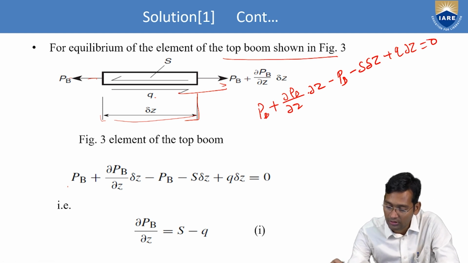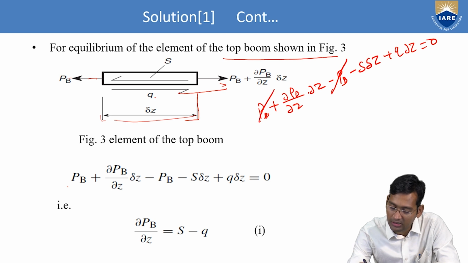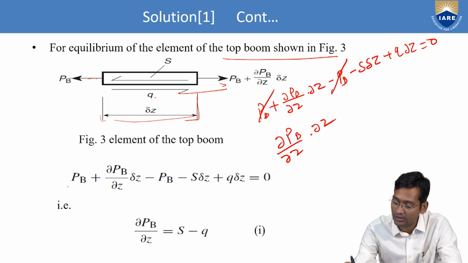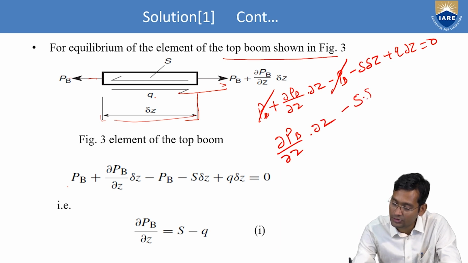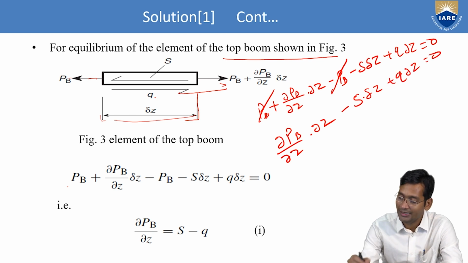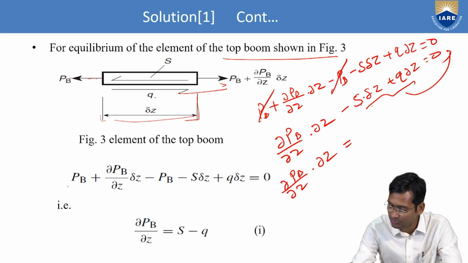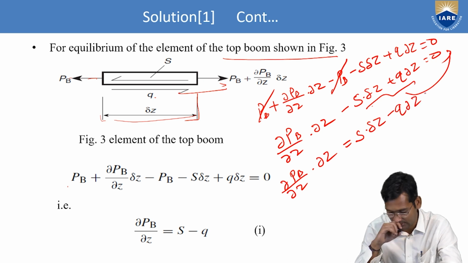Right. Now let's simplify. Here PB gets cancelled. Now what is left? Delta PB by delta Z into delta Z minus S into delta Z plus Q into delta Z equals 0. Now take these two to this side. So what we will get? Delta PB by delta Z into delta Z equals, this side is negative, so on that side it becomes positive, S into delta Z, and this becomes negative, so Q into delta Z. Right.